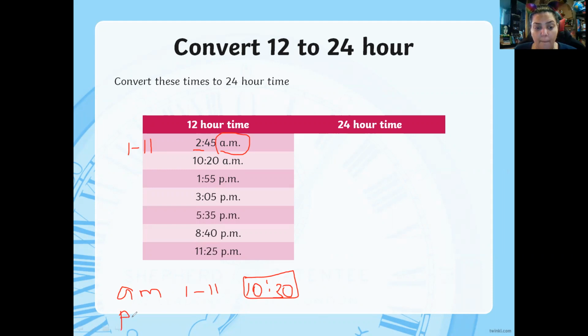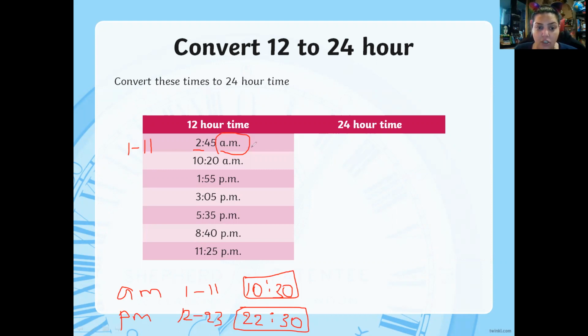If it is PM, we use the numbers 12 until 23 in the digital clock. So if it is 10:30 at night, I do not write 10, I need to write 22:30. So it's 10:30, but at night, okay?